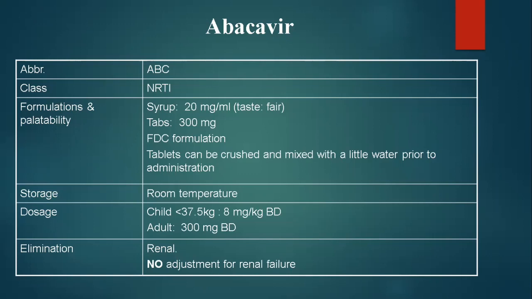Under elimination, the only thing that we have to understand is that there is no adjustment for renal failure. So in renal failure, this drug is not contraindicated. So abacavir has no contraindications in renal failure.